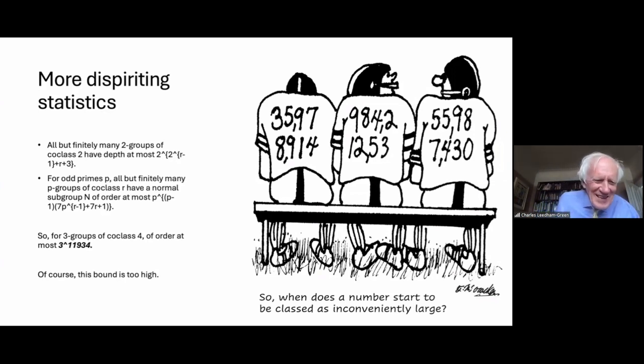However, while the count of the number of pro-P groups of co-class 3 is just the number that it is, I think that this bound of 3 to the 11,934 is far too big. This formula is a result of quite a lot of work. Someone said to me, "There's no way that you've got that bound correct.